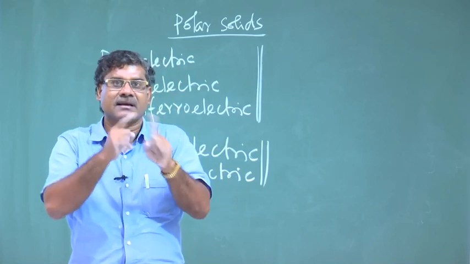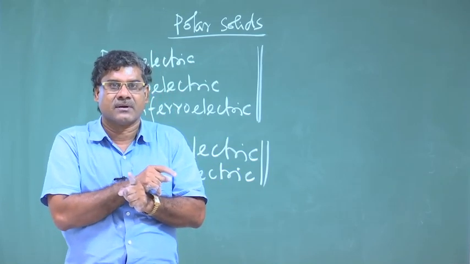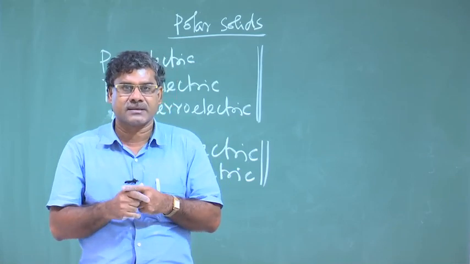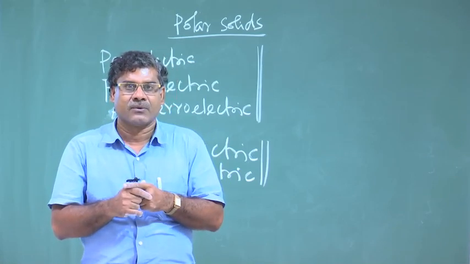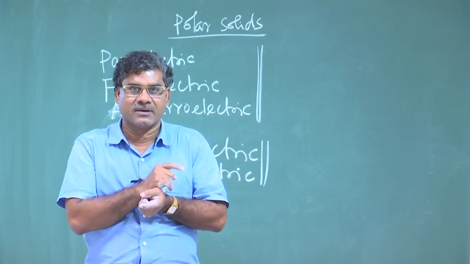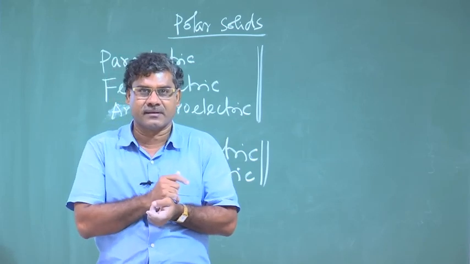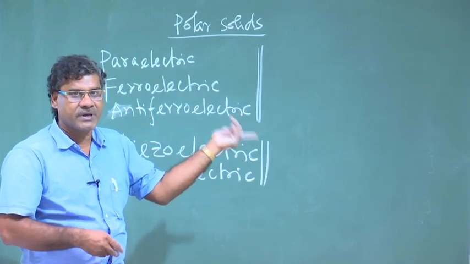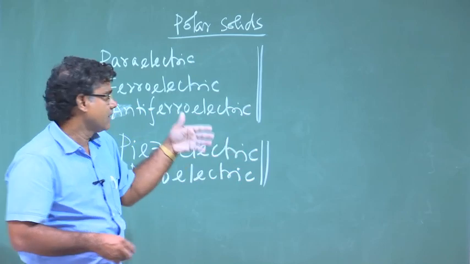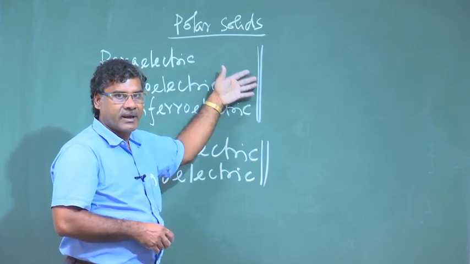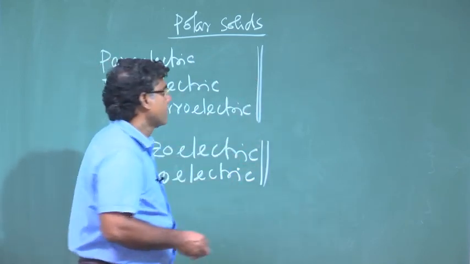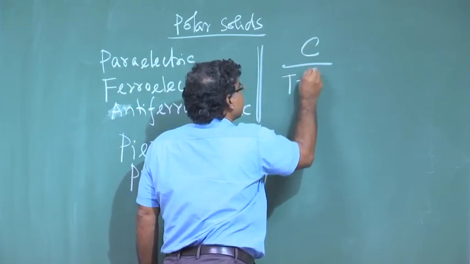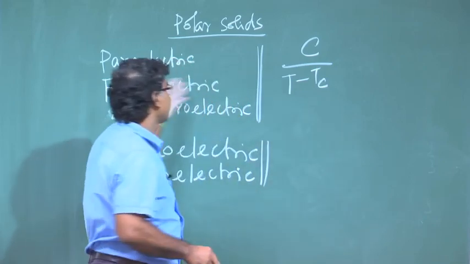There is no interaction among the dipoles in this material, just like gas. Now, when we consider the interaction, remember the mean field approximation or Weiss field. If you put a similar interaction here, the same way one can show C by T minus T C for this ferroelectric material.